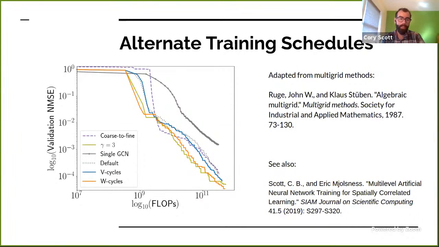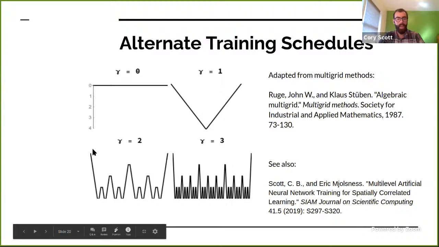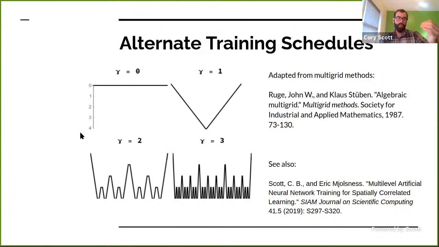And that's the purplish dashed line. But what ends up outperforming everything else is the W cycle schedule. That's basically the gamma equals 2 method here, where you start out at the finest scale, you go down to the coarsest scale, and then you do these little hiccups up until eventually you get back to the finest scale again later.